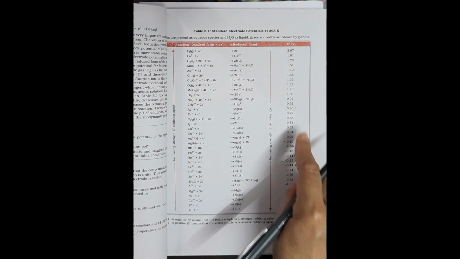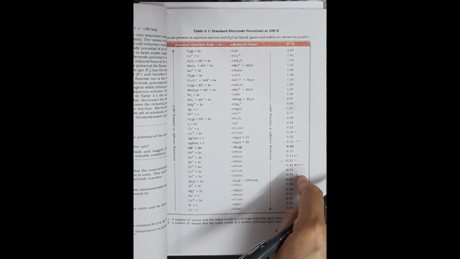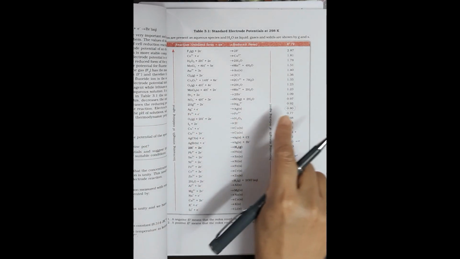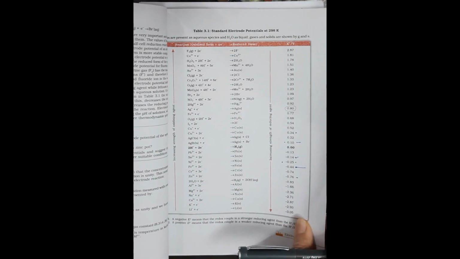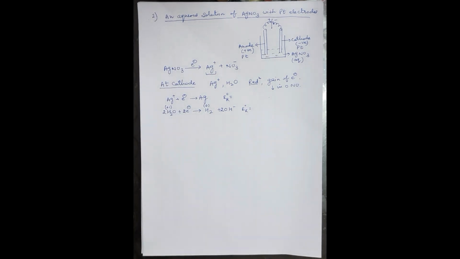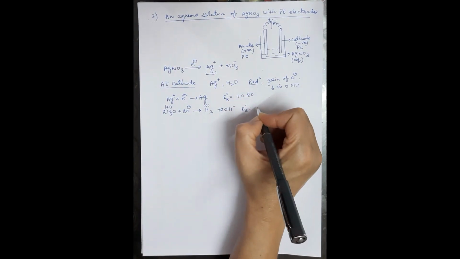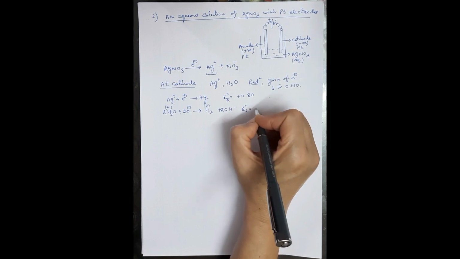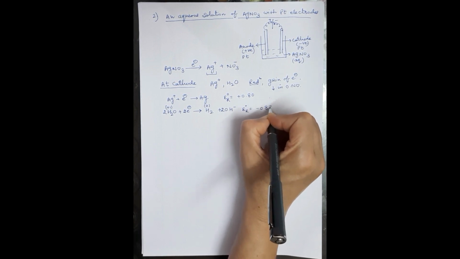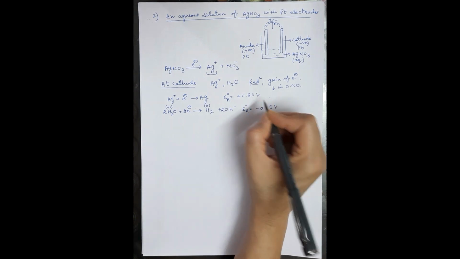Which is having more reduction potential out of the two? Definitely silver is having more reduction potential. So silver is +0.80, whereas water is -0.83 volt. Volt is the unit for reduction potential.